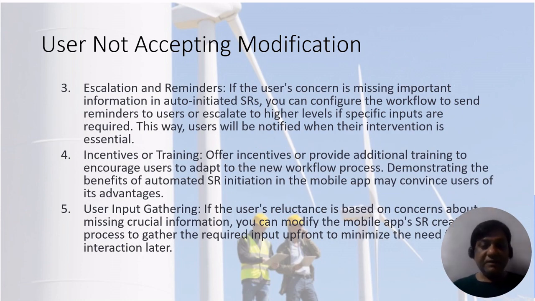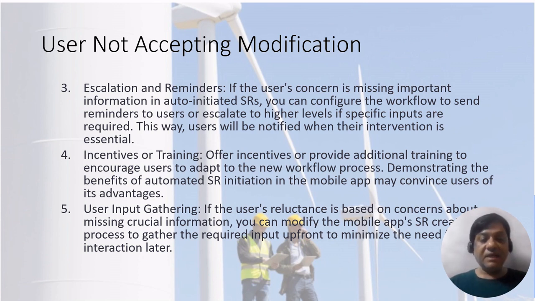The third one is escalation and reminders. If the users concerned are missing important information for the auto-initiated SRs, you can configure the workflow accordingly to send reminders and escalations to higher levels. This way the user will be notified when their intervention is required.